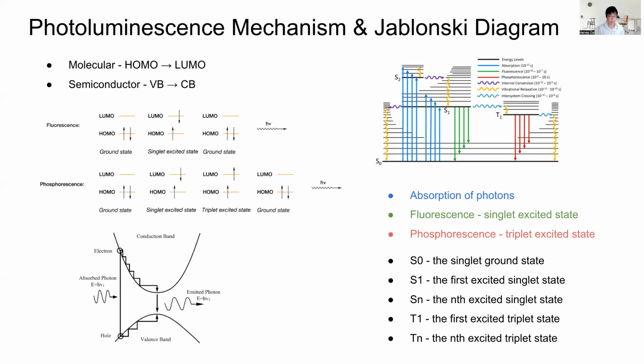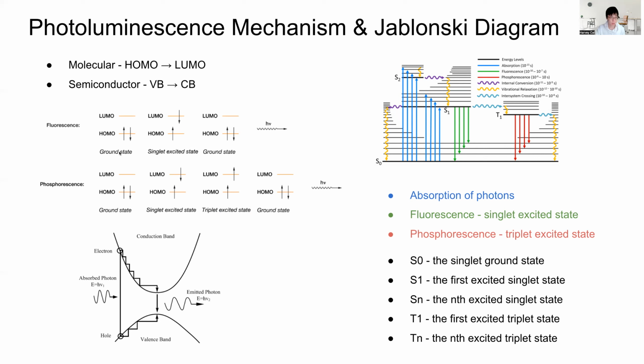So let's look at the mechanism of photoluminescence. When we talk about an electron being excited to a different state, it's different for molecular materials and semiconductors. For molecular materials, the electron is excited from the highest occupied molecular orbital to the lowest unoccupied molecular orbital, as we can see in the graph here.